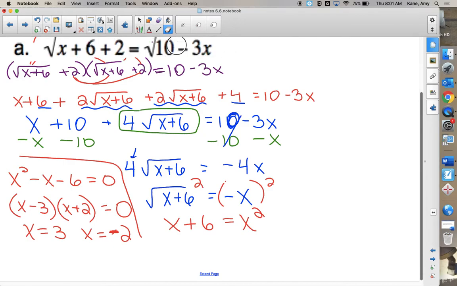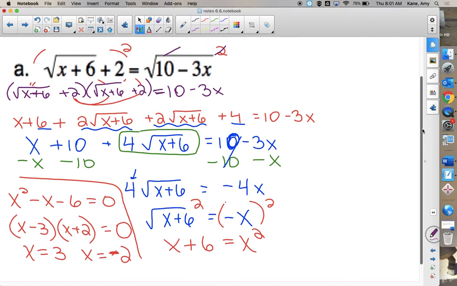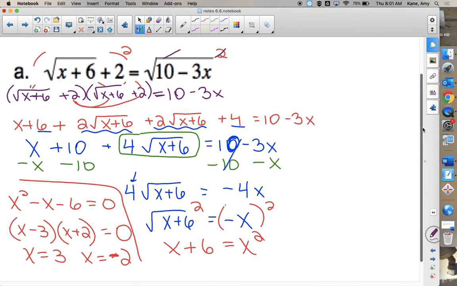So going back to where we started, plugging in the 3, you're now plugging it into both sides of the equation. So we're plugging in a positive 3, the square root of 3 plus 6 plus 2.